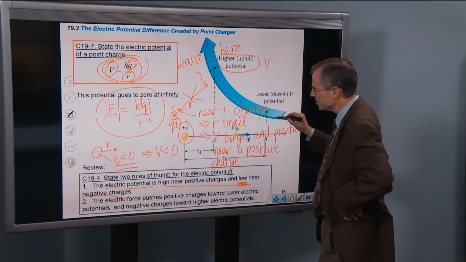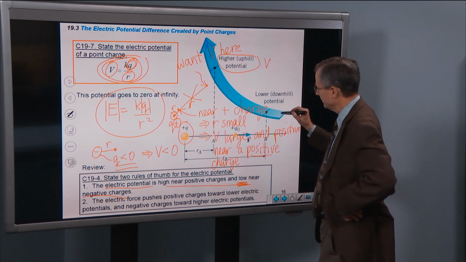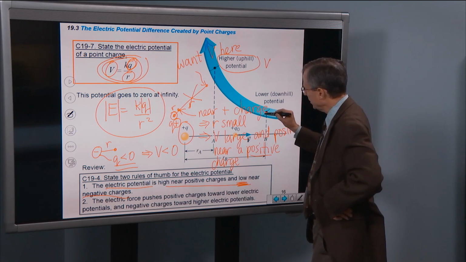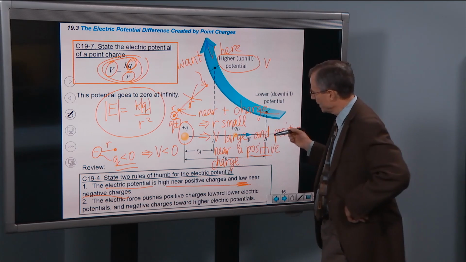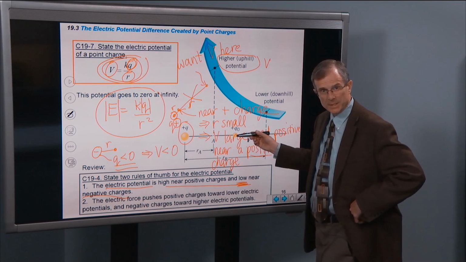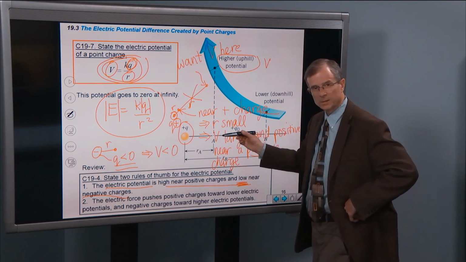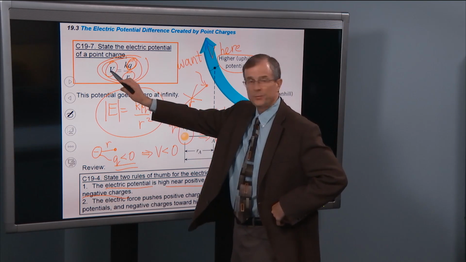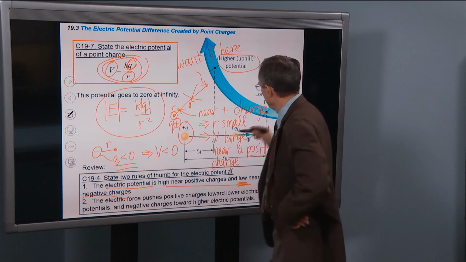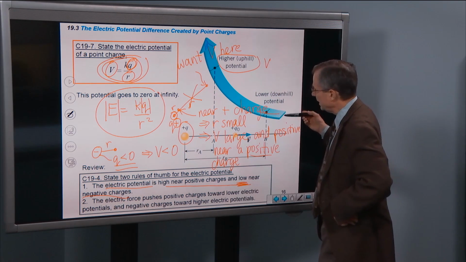As we get closer and closer to the test charge, R is decreasing, getting smaller and smaller. As R gets smaller, V gets bigger. And that's exactly what we're seeing here.